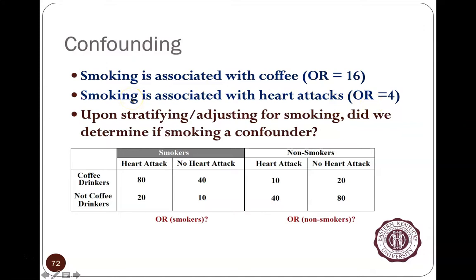So coffee and heart attack, 2.25. Smoking and heart attack, 4.0. Neither of those are adjusted right now. But anyways, you have clear evidence that there was confounding. So what made it confounding? What makes something have confounding? A confounding variable is one that alters your belief in your study, where you're trying to look at an exposure and an outcome.